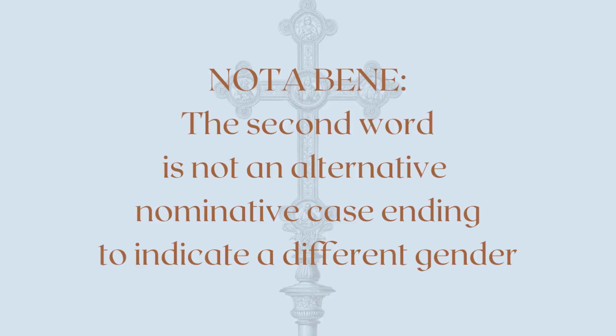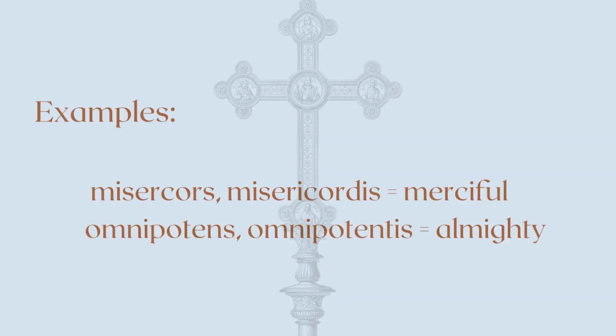Now, you need to be clear that this second word is not an alternative nominative case ending to indicate a different gender. It's the genitive singular form. Some examples from our vocabulary are misericors, misericordis, meaning merciful, and omnipotens, omnipotentis, meaning omnipotent or almighty.